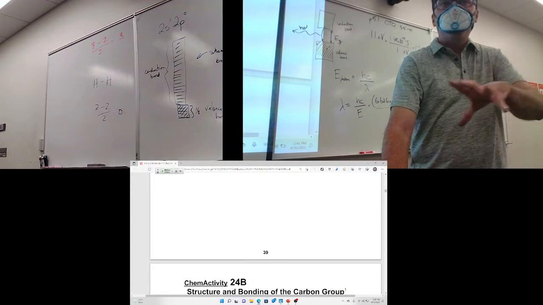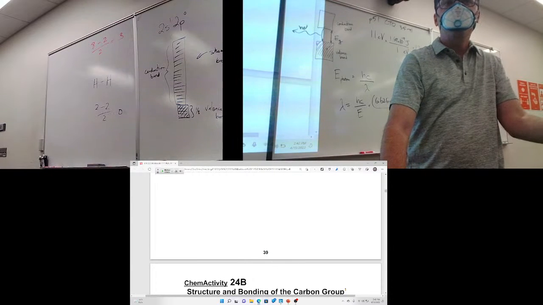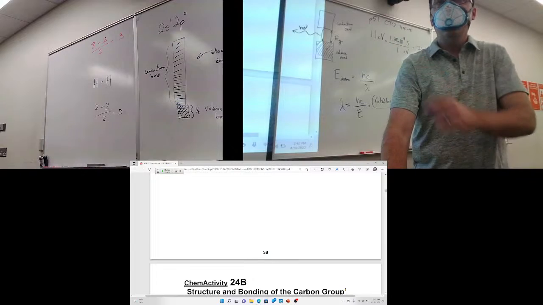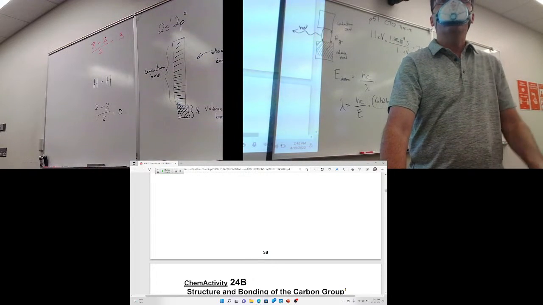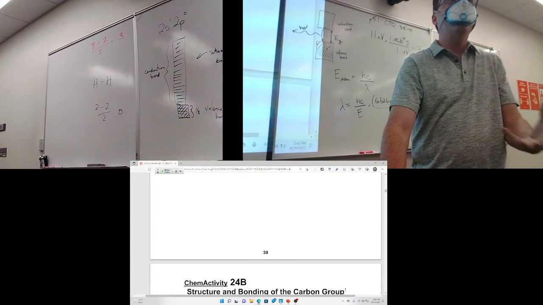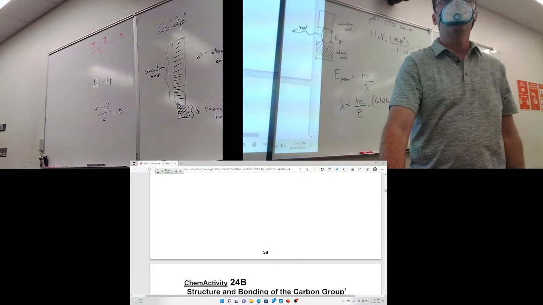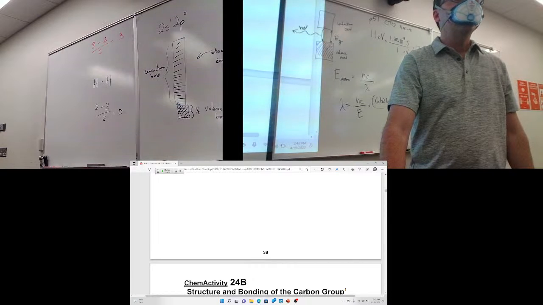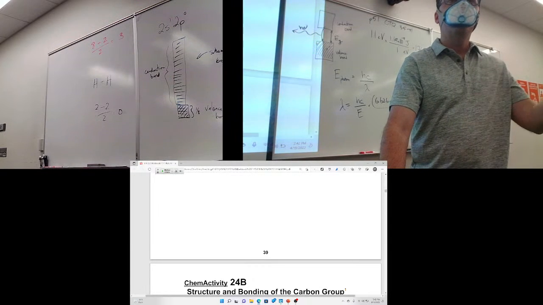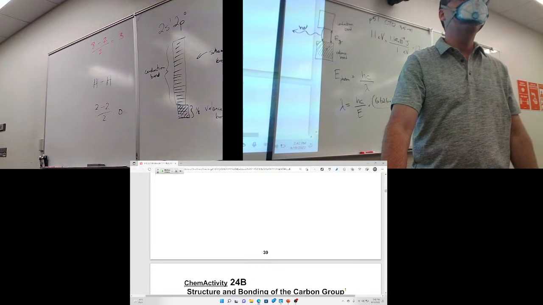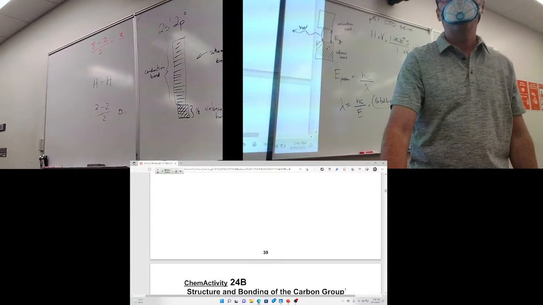But know the order of packing efficiency: simple cubic is the weakest or smallest packing efficiency, FCC is the highest. Nearest neighbors: 12 for FCC, 8 for BCC, 6 for simple cubic. Tetrahedral holes, everything to do with that. All right.